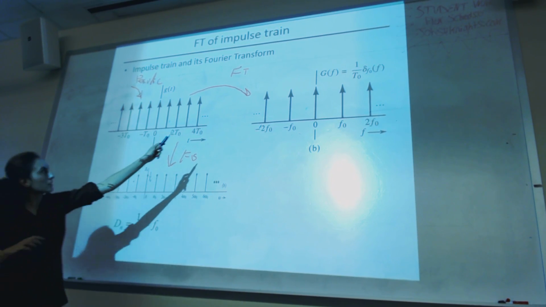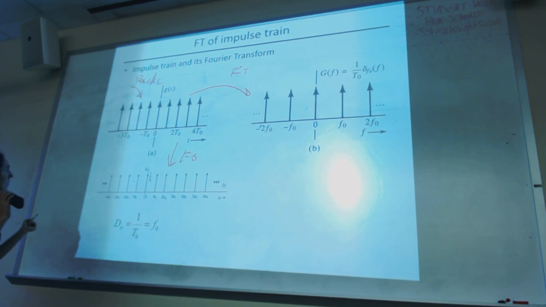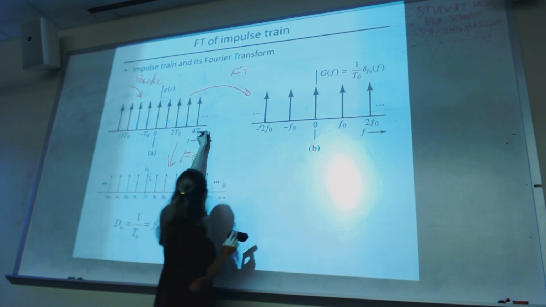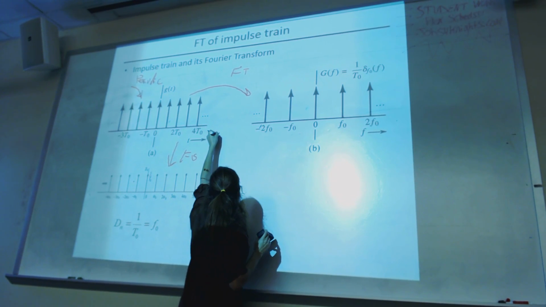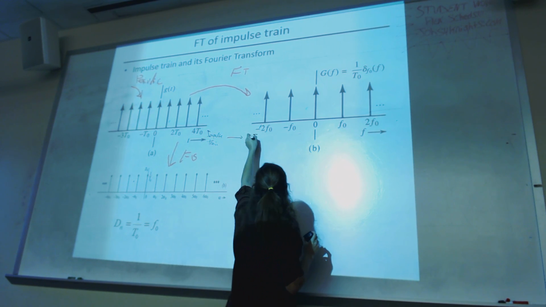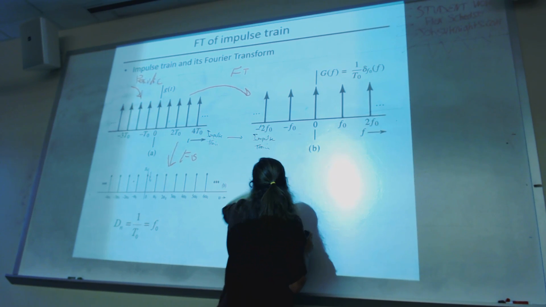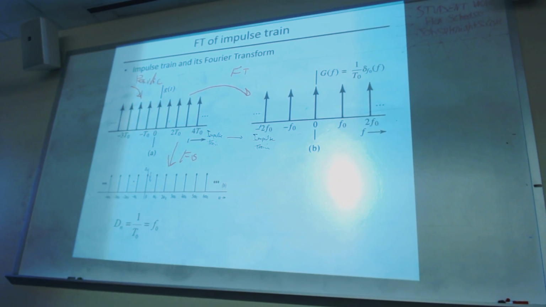And all of them have the same height or energy, 1 over T naught. Okay. So that's why we say if you have an impulse train in time, in the frequency also we have an impulse train.